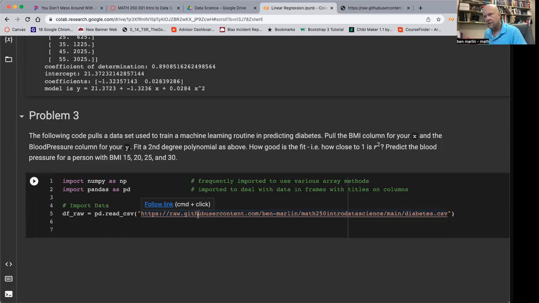But they're relating the BMI to blood pressure. Okay. So you are going to, again, read this data in. You're going to pull it off for your X variable, make your X underscore variable the same way as we did here, fit it, and see what your model looks like. And then once you see what the model looks like, plug in the numbers 15, 20, 25, and 30.